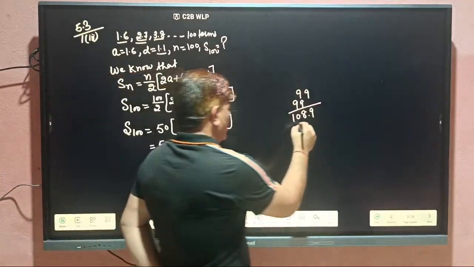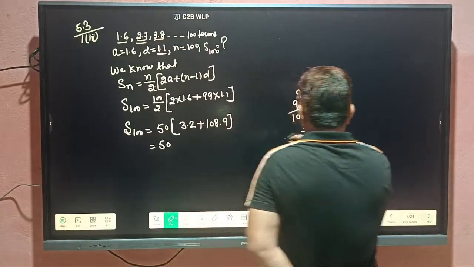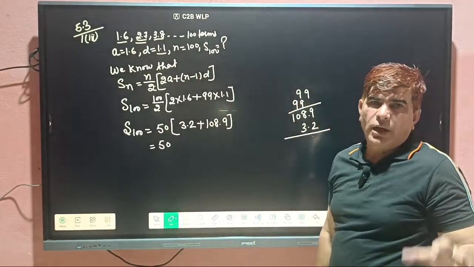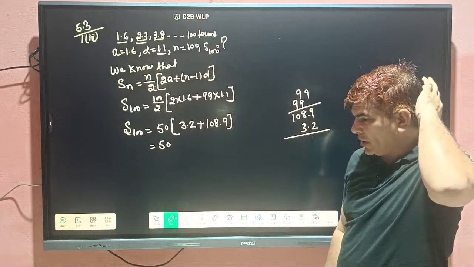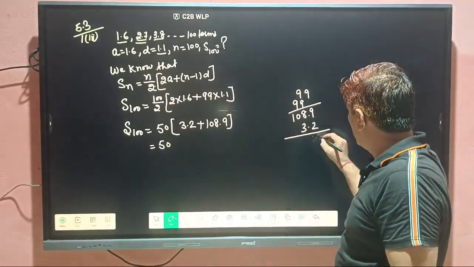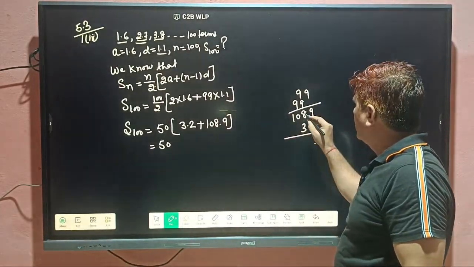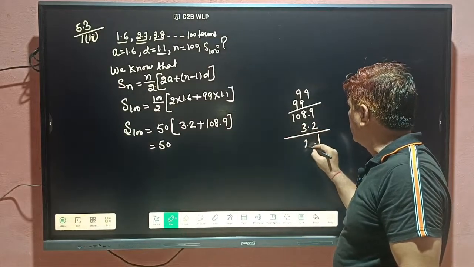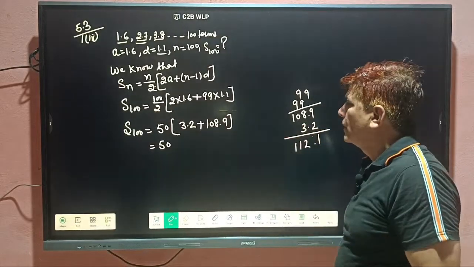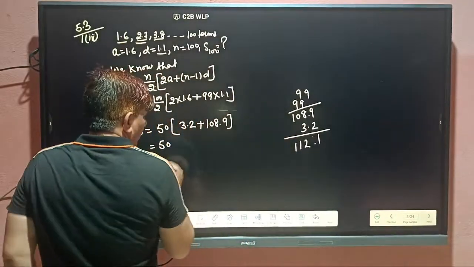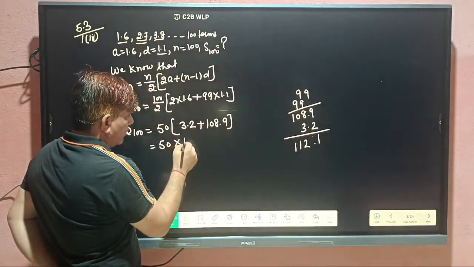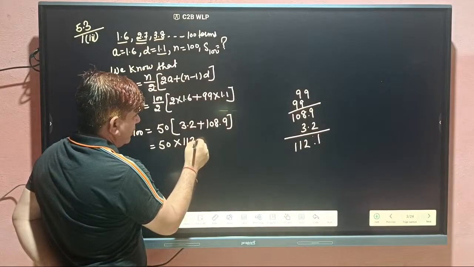How can we add 3.2? In decimal, you know, addition and subtraction, how can we do it? When decimal under decimal, 11, decimal is there. 8 plus 3, 11, plus 1, 2. Well, this. So what's coming? Again it's multiplication with 112.1.